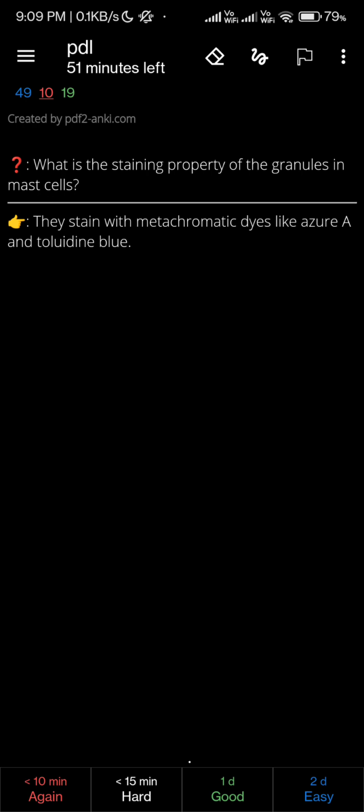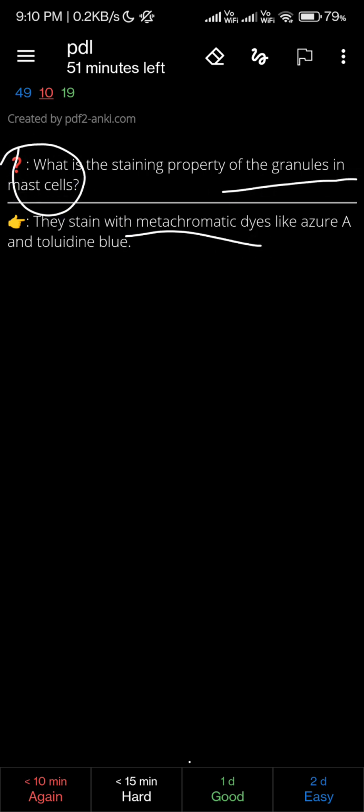The granules in mast cells are stained with metachromatic dyes like azure A and toluidine blue.